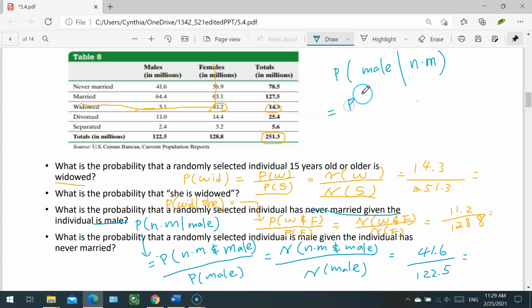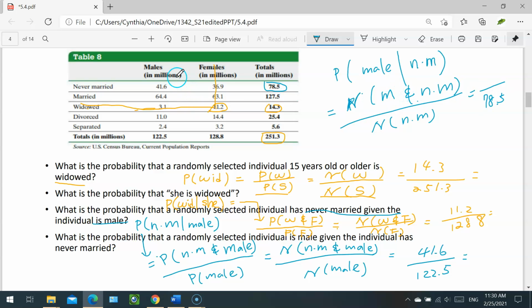So we convert it into the number of male and never married divided by the number of never married. The total number of never married is 78.5, so we put 78.5 in the denominator.